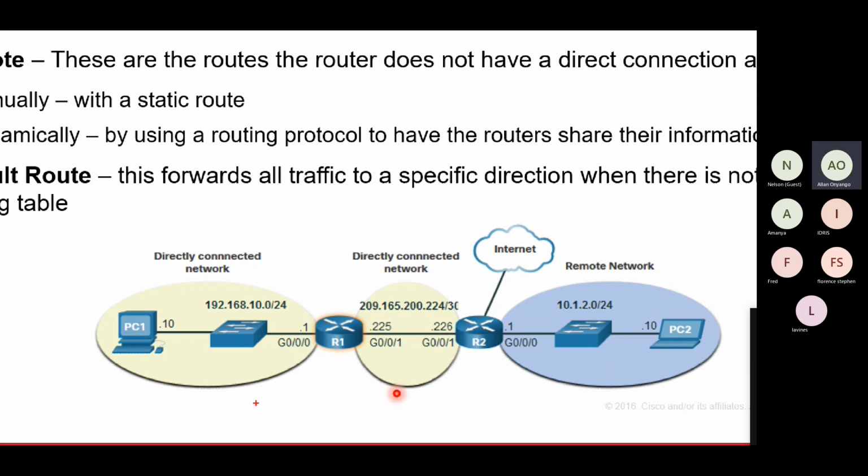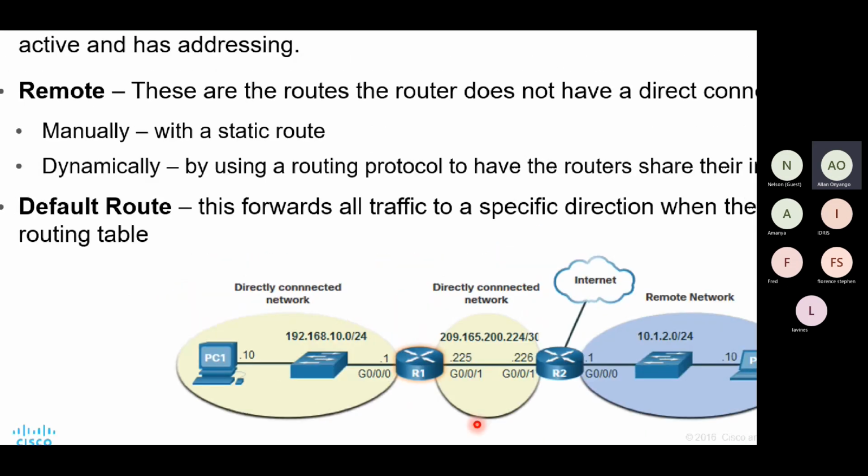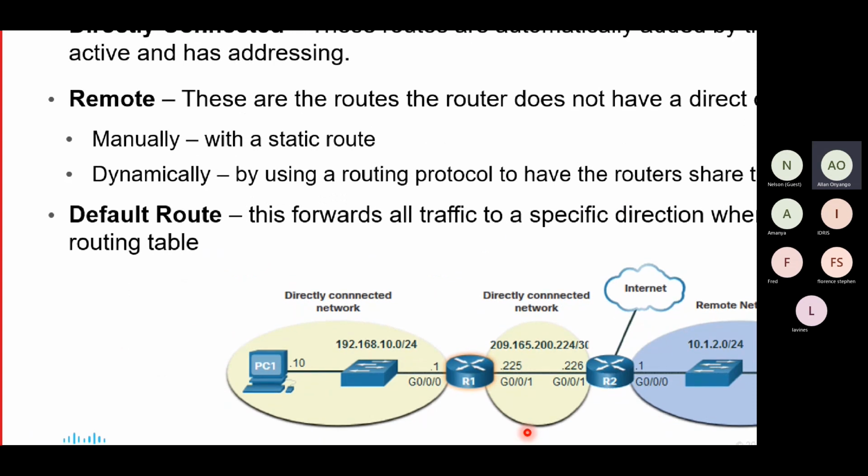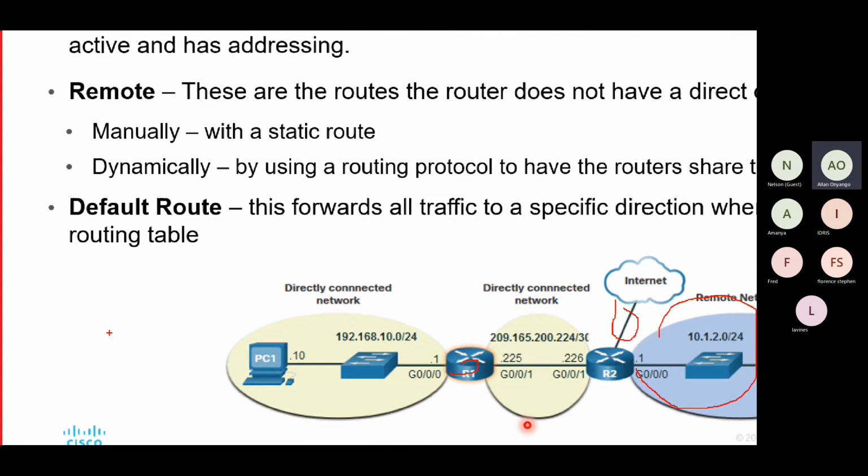Now, there are only two ways of learning remote networks, which means for R1 here, to learn these remote networks, one is the internet and one is this network here. R1 has two ways. Way number one is called static routing, which is actually manual routing.